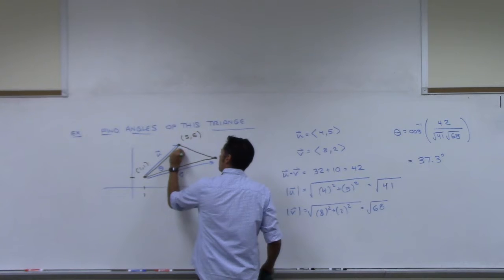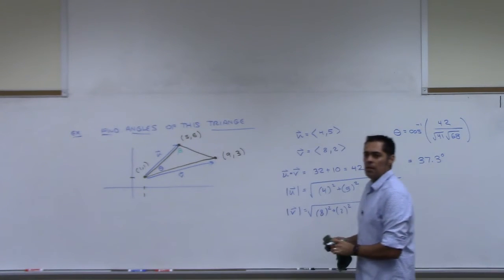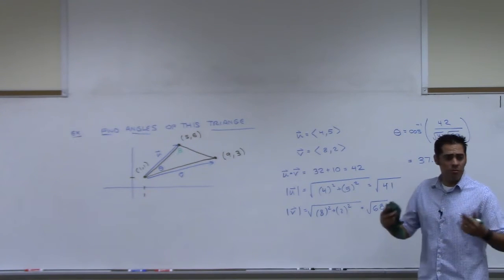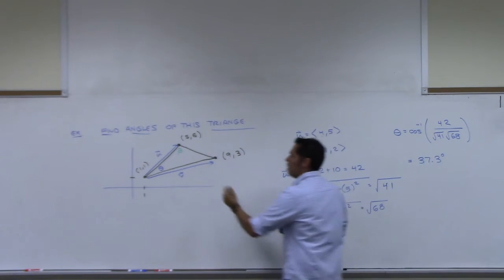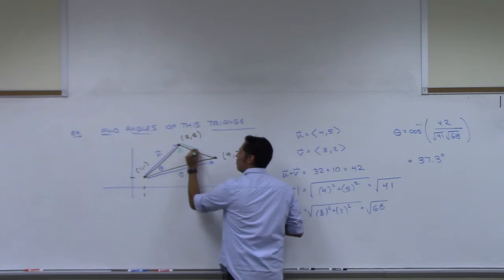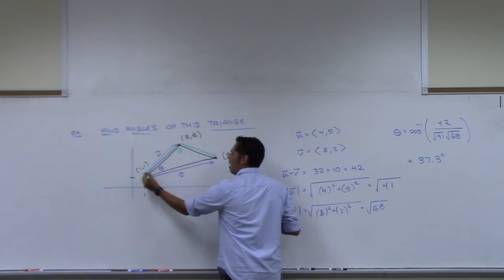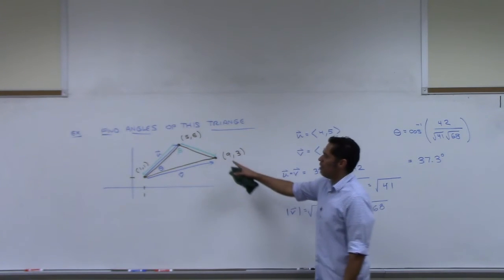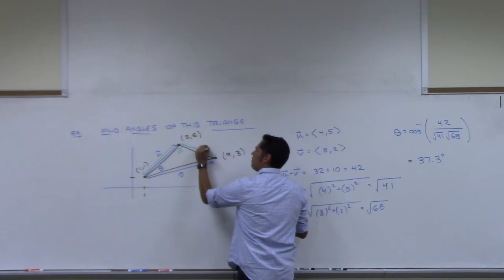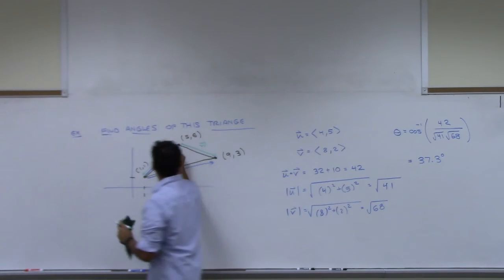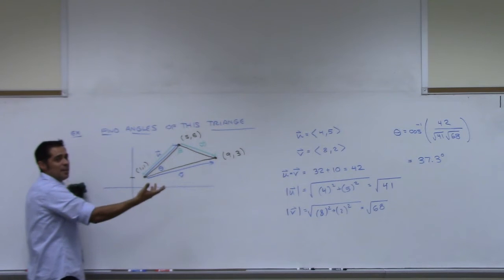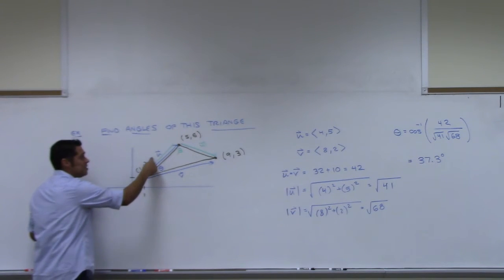Okay, so look, I'm going to go after beta now, all right? For beta, I'm going to create 2 new vectors. They both have to emanate from that point. So one vector here, and then another vector here, like this, right? Let's call this vector right here w. And this one, the green one coming down this way, I could call it anything I want, but it's the opposite of u, isn't it?